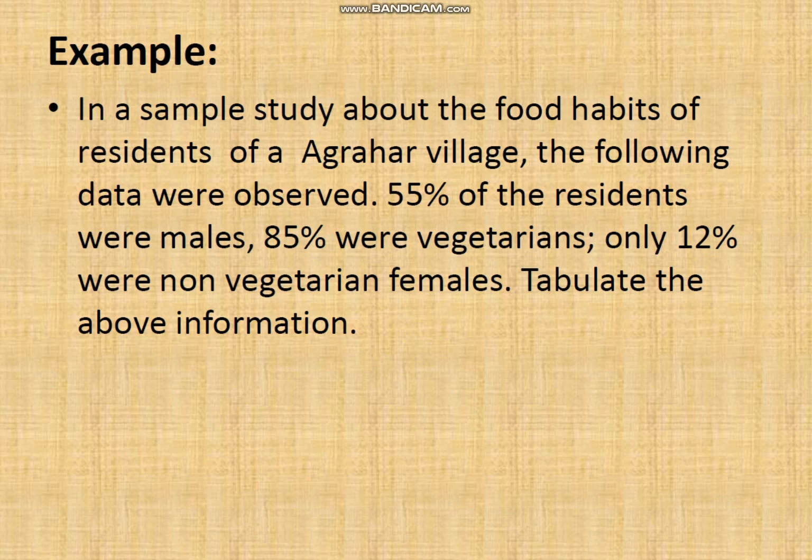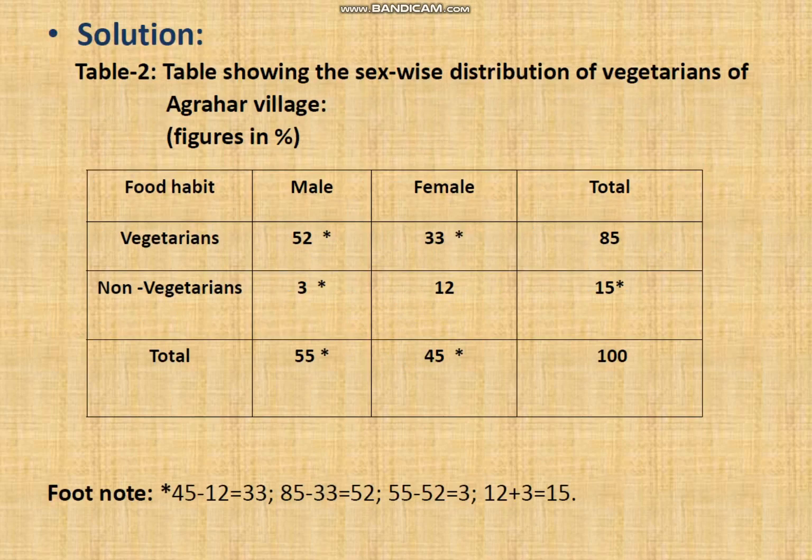Now let us look at the construction of the table. First, give the table number and then the title: the table showing the sex-wise distribution of vegetarians and non-vegetarians of Agrahar village. Here is the subtitle, figures in percentage. It is very important to mention this here because all the numbers are given in terms of percentage.